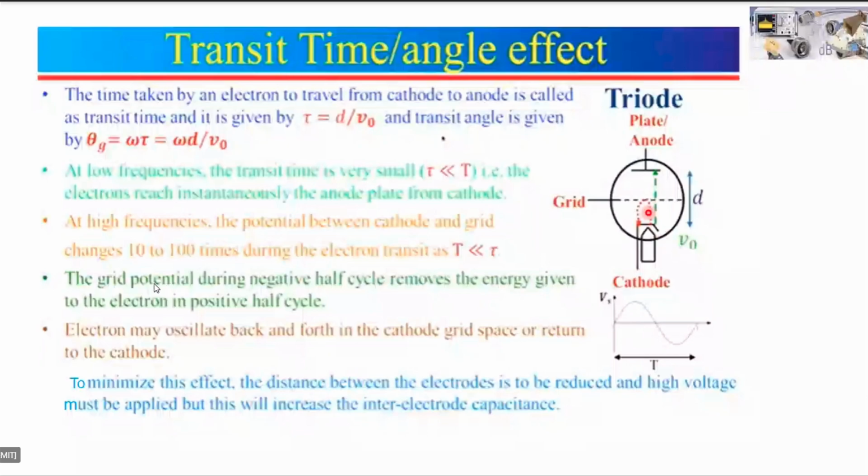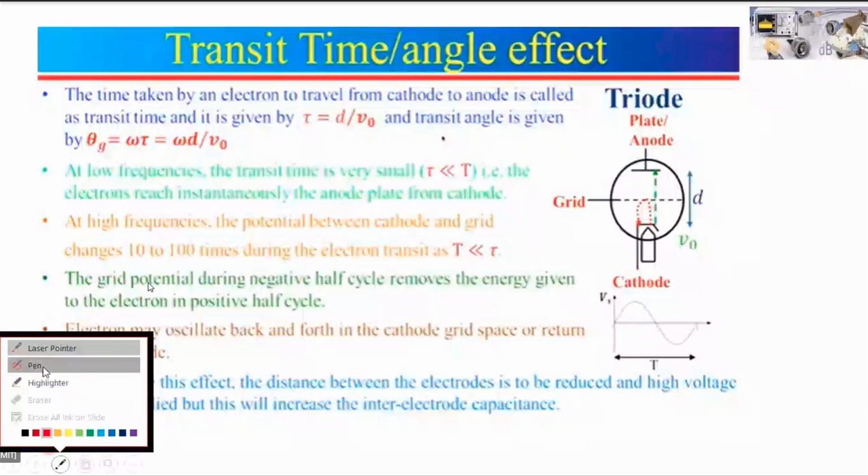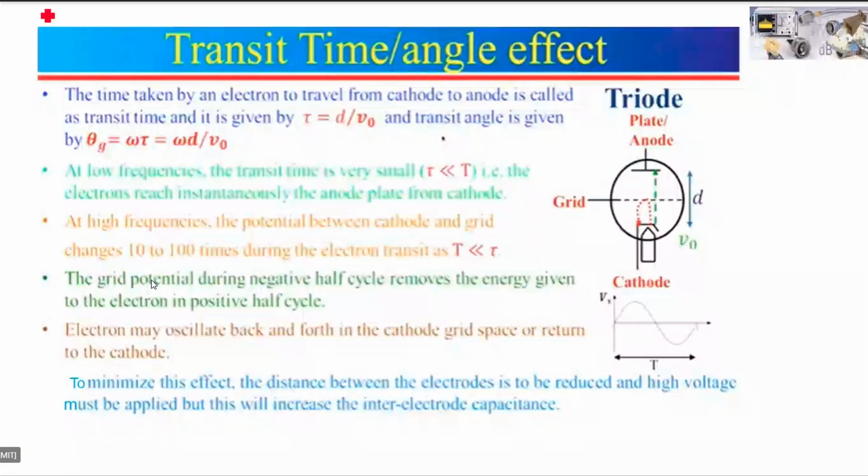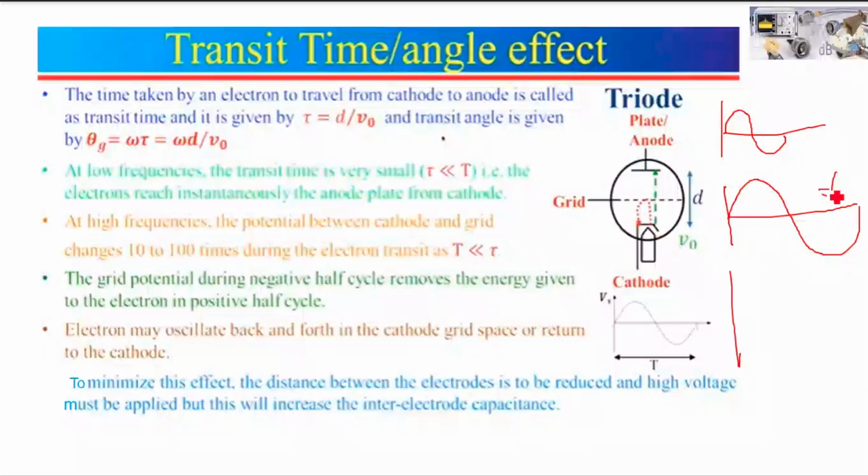Generally, if I make a diagram, it will be easier for you. Suppose you have an input like this. For low frequency, what will happen? For a low frequency signal, it is like this. So this is accommodated, but at high frequency, this is FL, this is input. At high frequency, the signal will be very, very narrow.